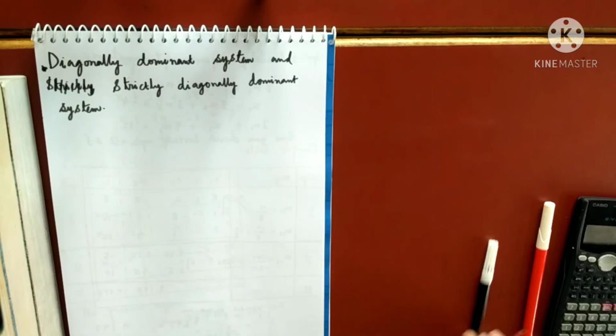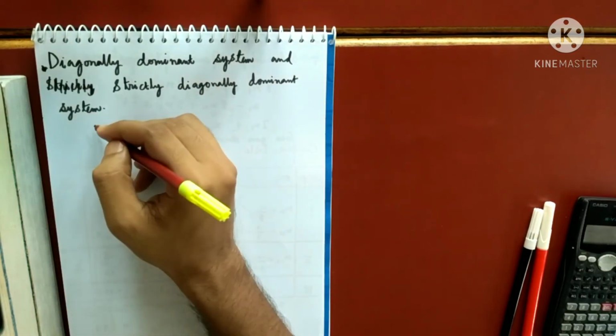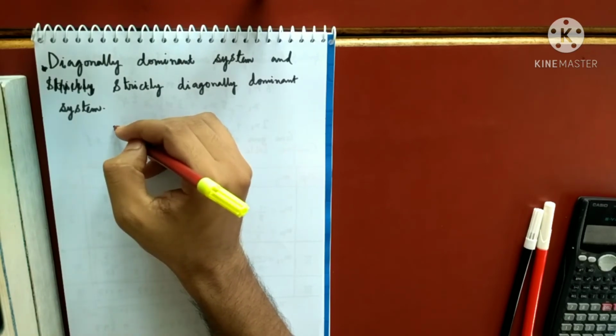Let me write any system. Suppose I write a 4x4 system or a 3x3 system. Let me start with a 3x3 system.